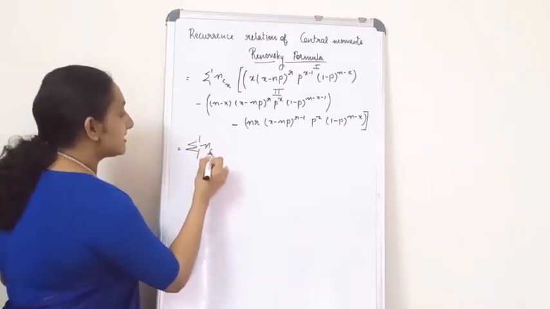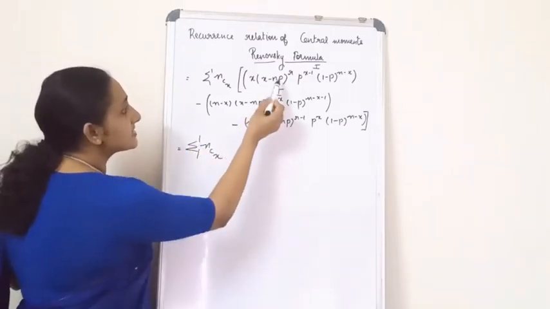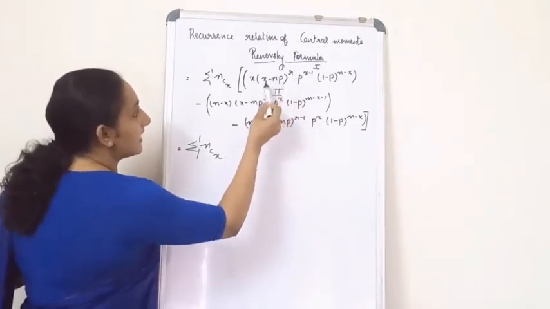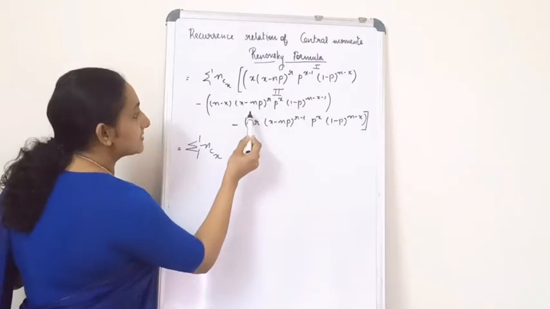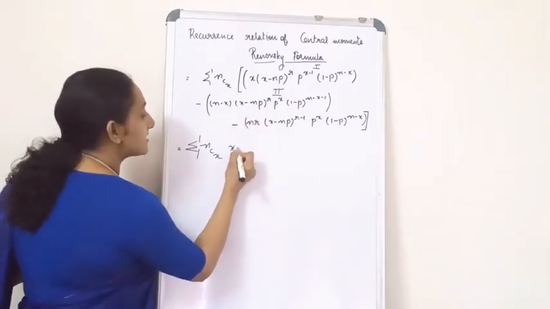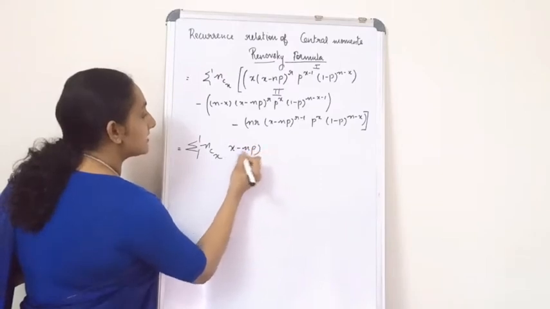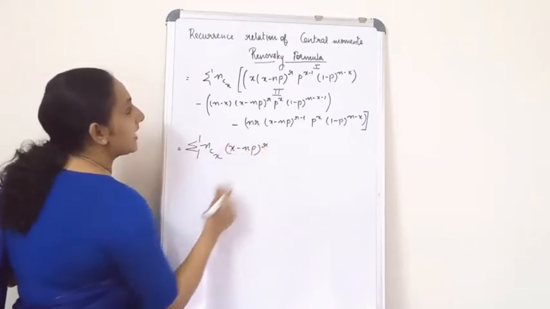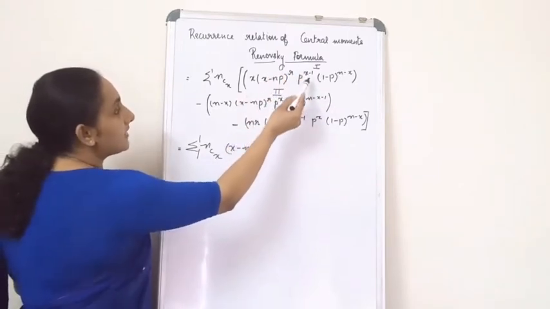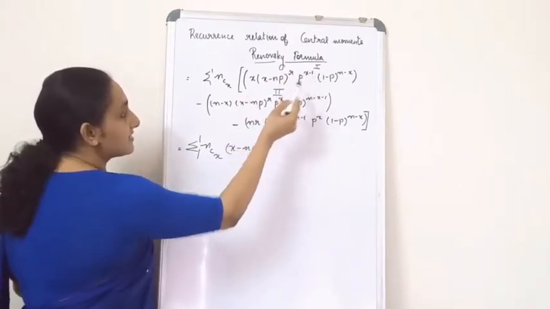Summation nCx. In the first term, the common factor is (x minus np) the whole raised to r, which you will also find in the second term. So I'm going to take that outside, (x minus np) the whole raised to r. Then I'm going to consider this p raised to thing. In the first term it is p raised to x minus 1.